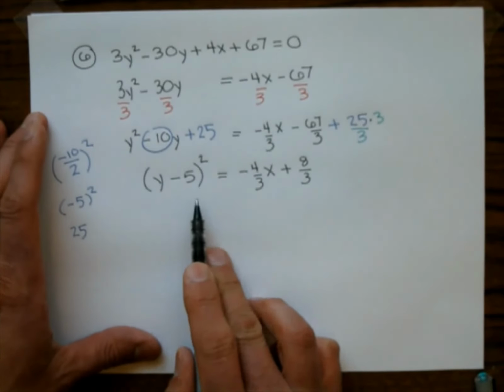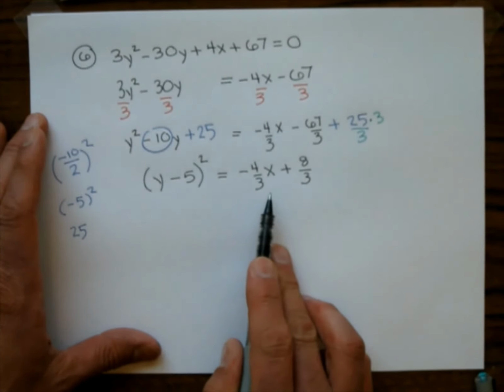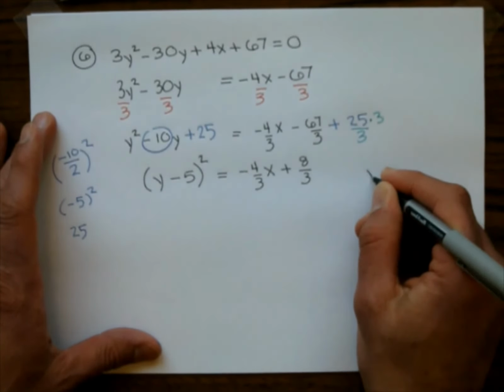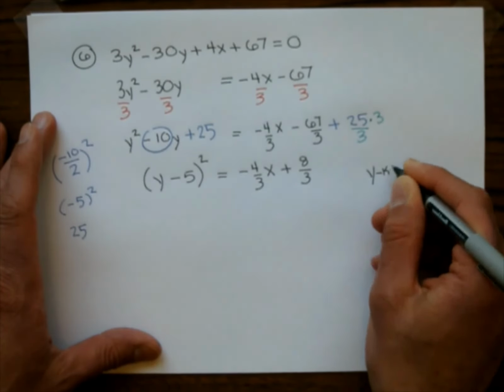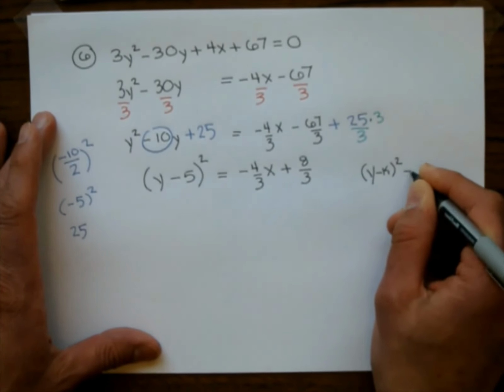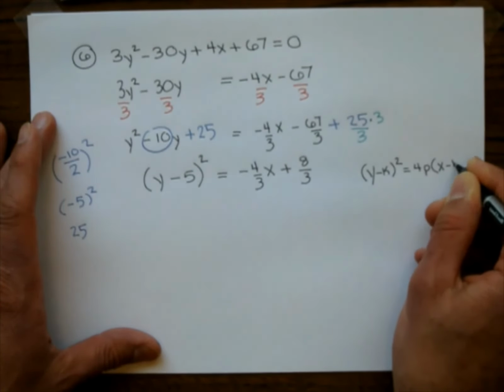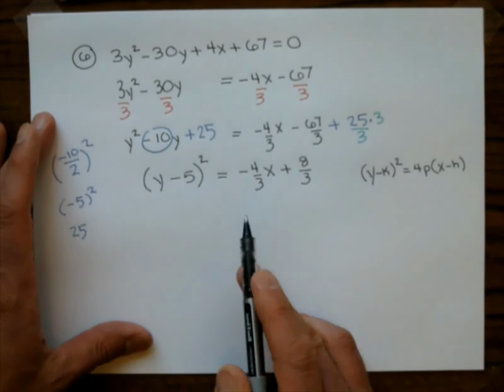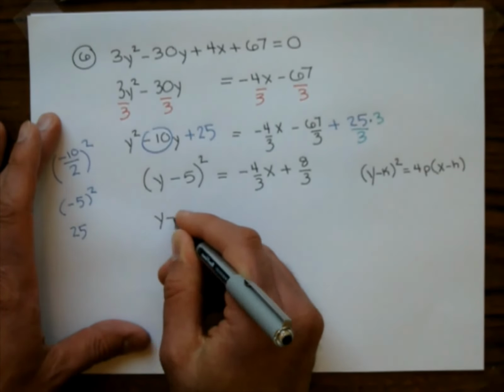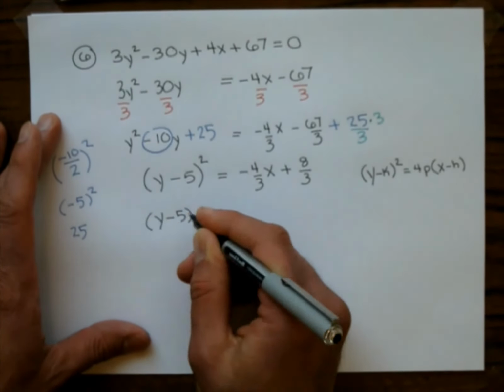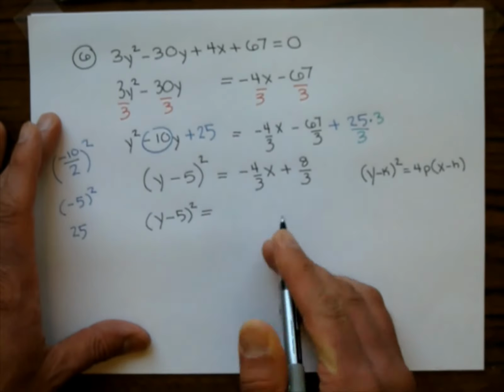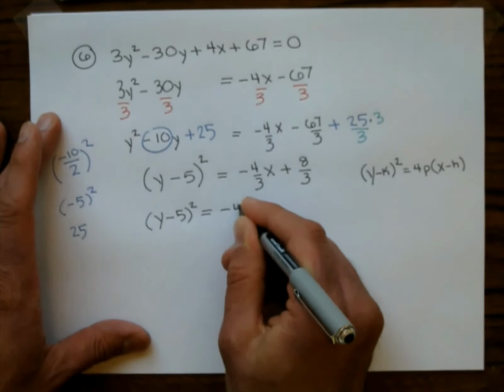Okay, so this is not in standard form yet until it looks like y minus k squared equals 4p times x minus h. So I have to factor out a negative 4/3.